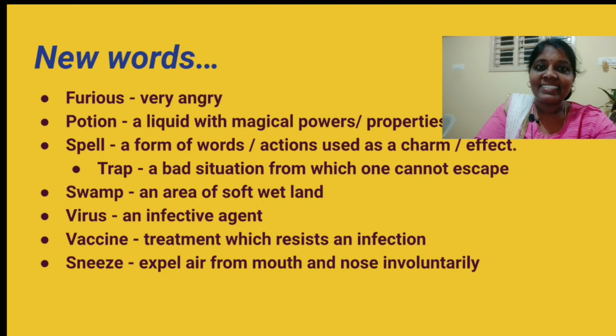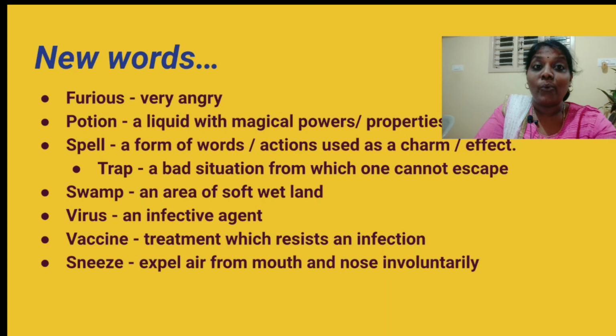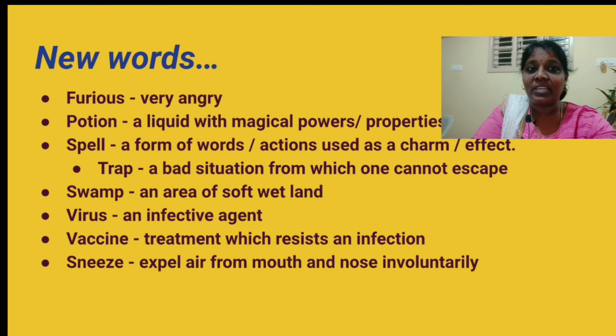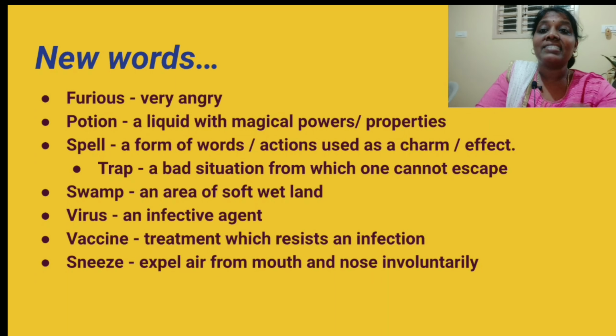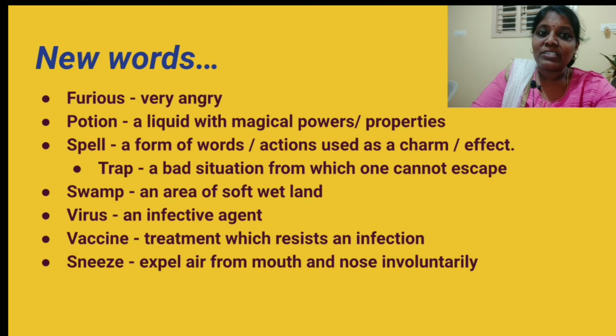Before starting the lesson, let's get introduced to the new words. First one is furious, very angry. When people get very angry, we can call them furious, or extreme anger can be called furious. Potion is a magical liquid. You can see it in cartoons, some kind of liquid which casts different kinds of effects on people.